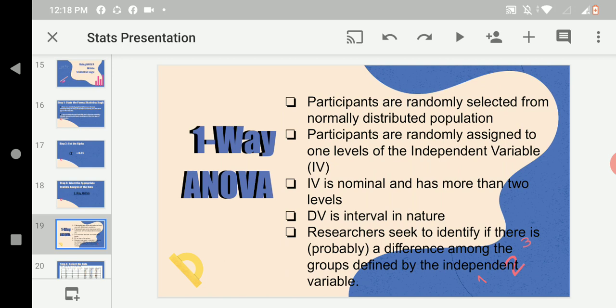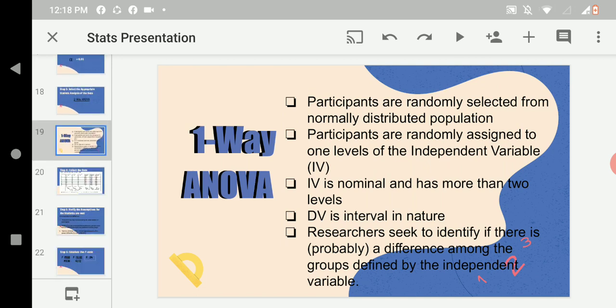Researchers seek to identify if there is a difference among the groups defined by the independent variable, and therefore you will definitely be using one-way ANOVA.